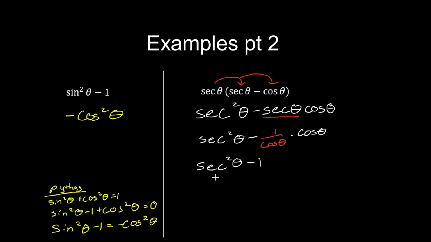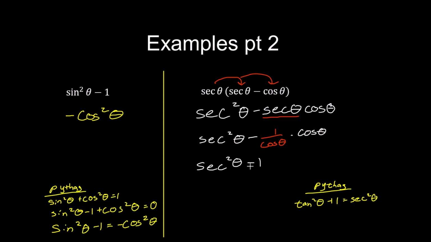So I look at my Pythagorean identities to see if I can find one that has secant squared theta and a 1. This time I am not going to end up using sine squared plus cosine squared theta equals 1. Instead, I'm going to use tangent squared theta plus 1 equals secant squared theta.